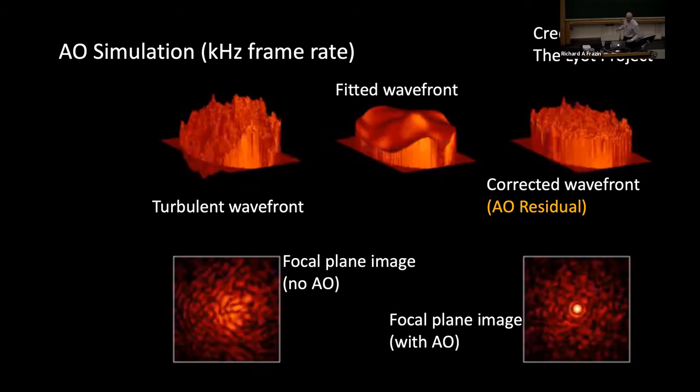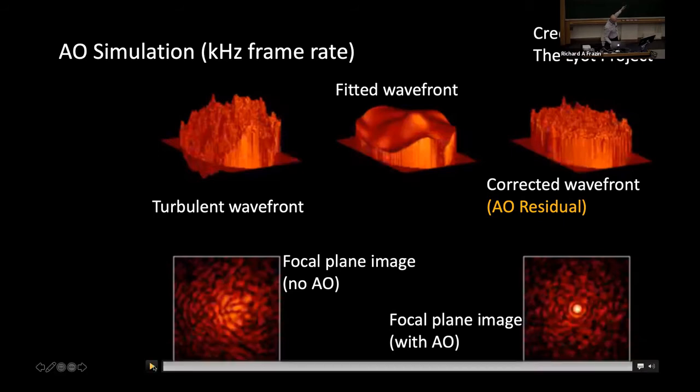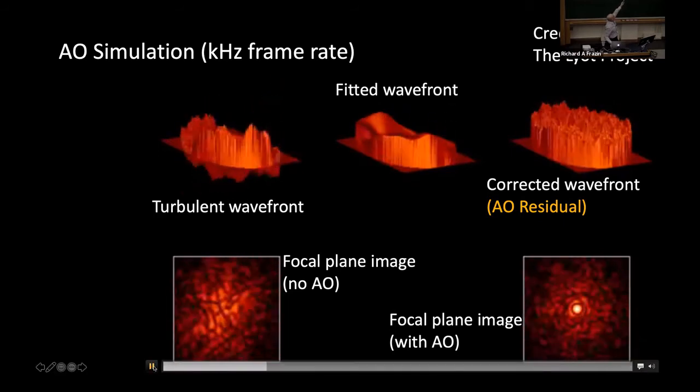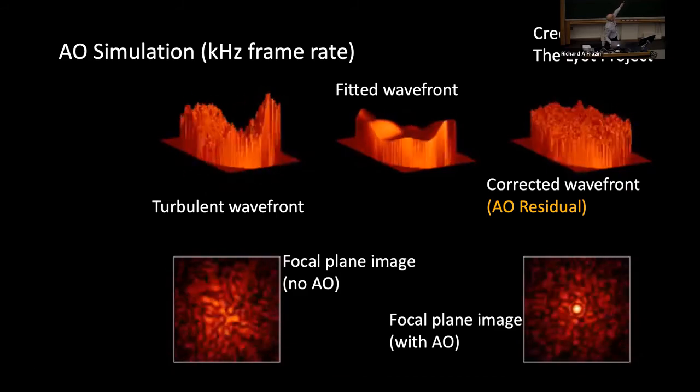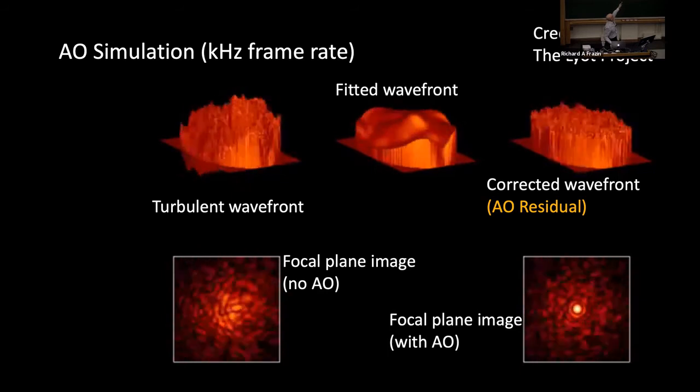Now, when you run an adaptive optics system, the wavefront sensor makes a measurement of this turbulent wavefront, and it doesn't see all the high spatial frequencies. So what it finds is a smooth, low spatial frequency version of it.